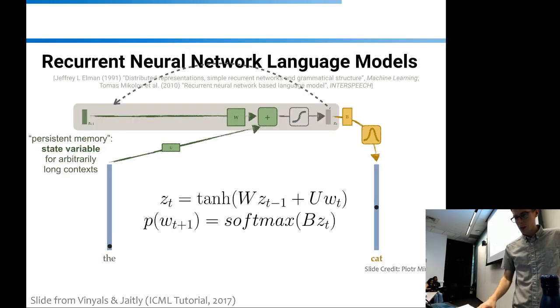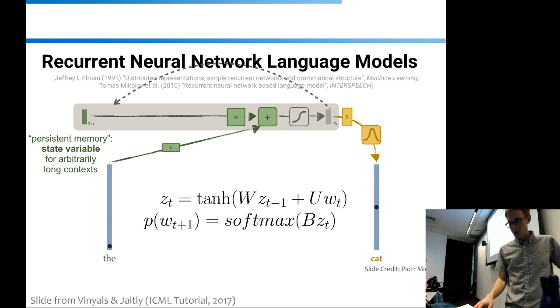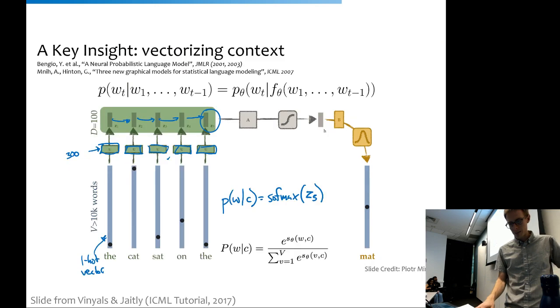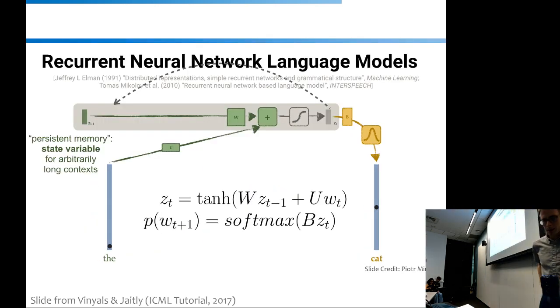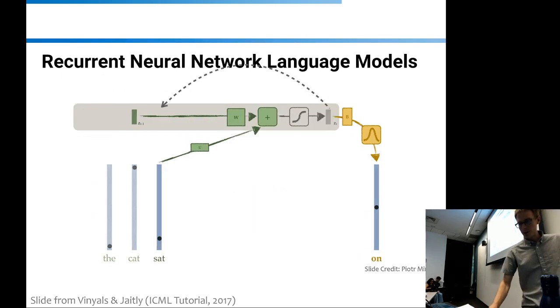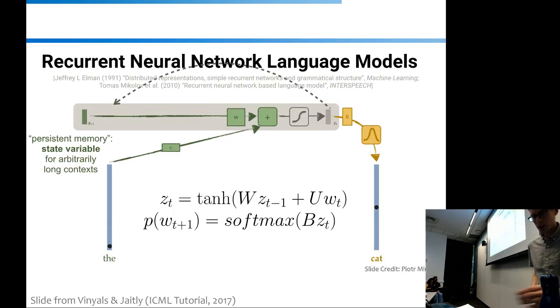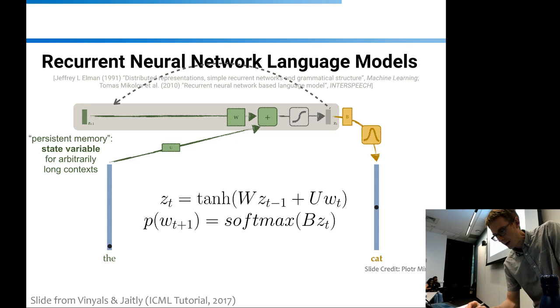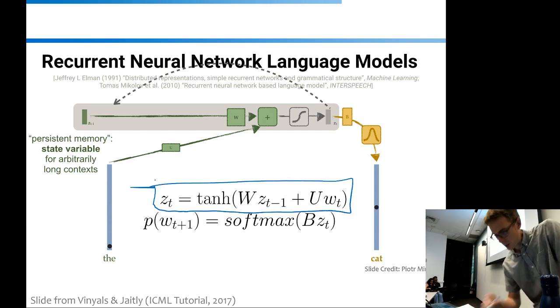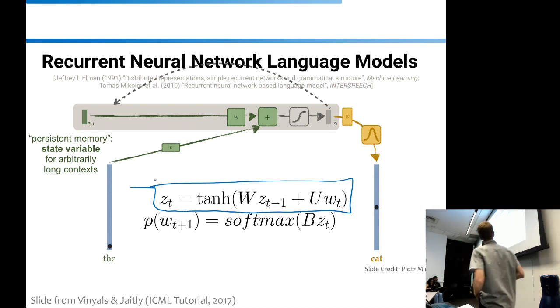Okay. So basically, here's a picture of this RNN, and we're going to build it up one state at a time. And you can see that what we have looks just like an Elman network, right?